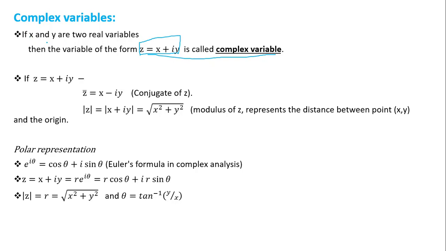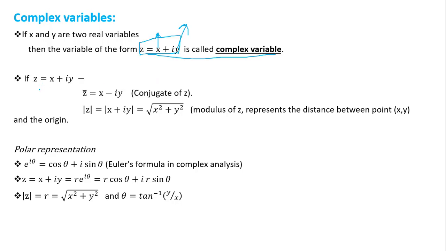If x and y are two real variables, then we say x plus iota y is a complex variable. This should not be any fixed number, this has to be a variable, as well as this y has to be a variable.